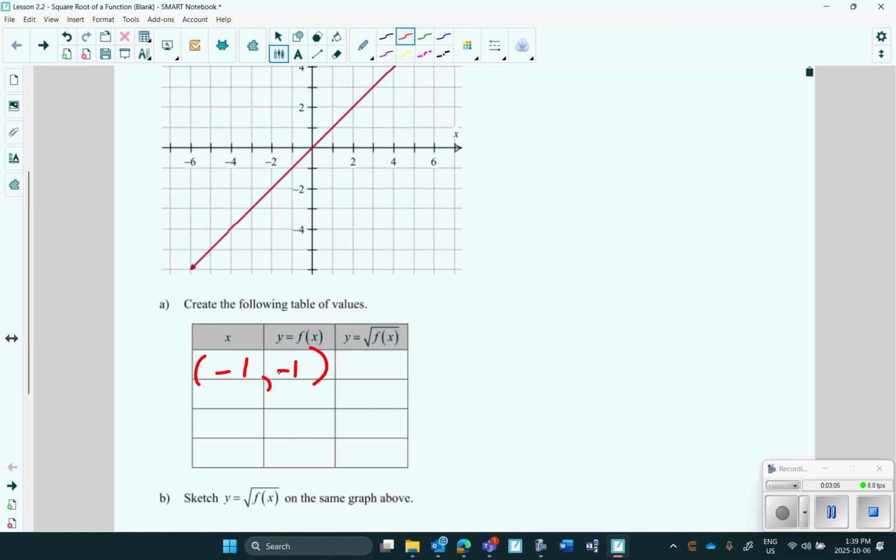This means take the square root of all the y's. So this point would be -1, the x doesn't change. What's the square root of -1? You can't do it. Can't take the square root of a negative, right? So therefore, there's no point there. No point exists.